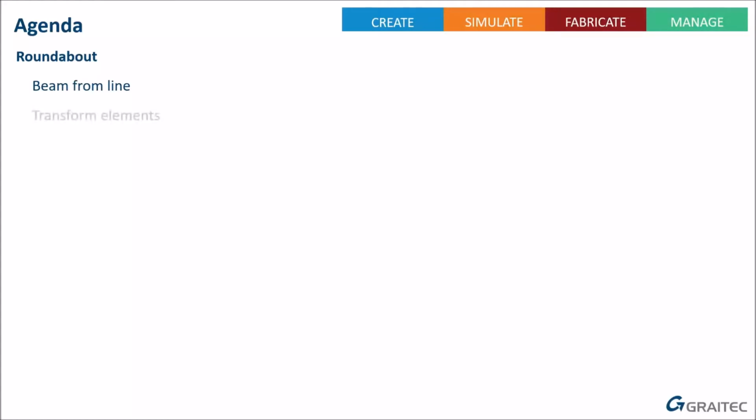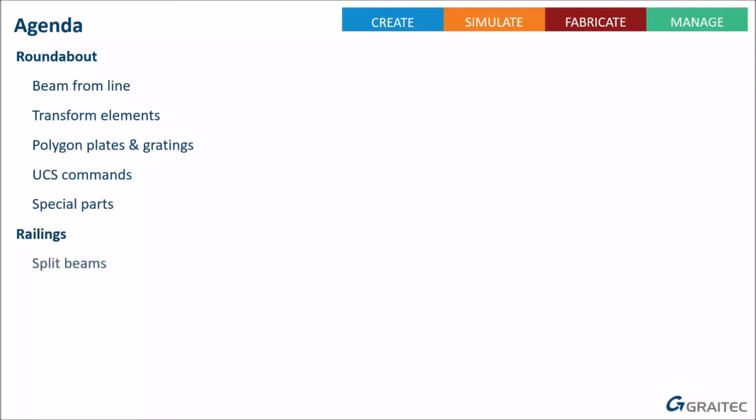We'll look at the beam from line command, transform elements, polygon plates and gratings, the UCS commands, and then special parts. So today is bringing together lots of different tips and tricks for modeling. Although I'm doing a play park, hopefully you'll be able to apply it to what you do day in, day out. Then we'll look at some railings within the play park.